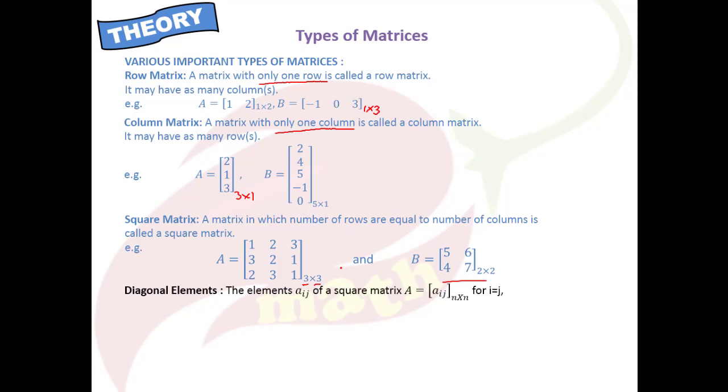Next is diagonal elements. Diagonal elements are elements where i is equal to j, that is, row number is equal to column number. Diagonal elements are those elements where row number and column number are the same.